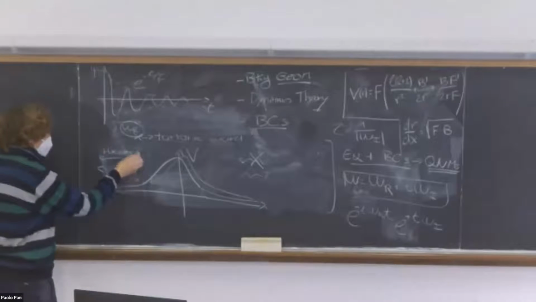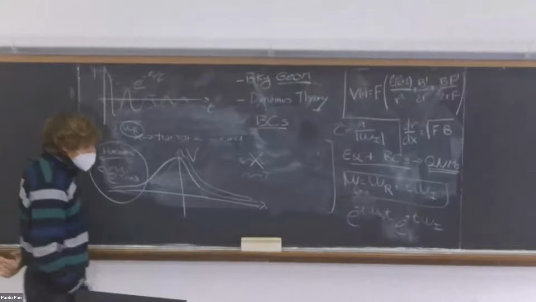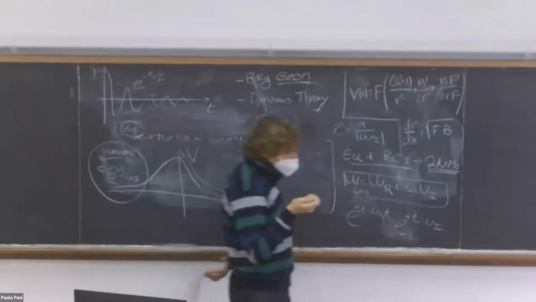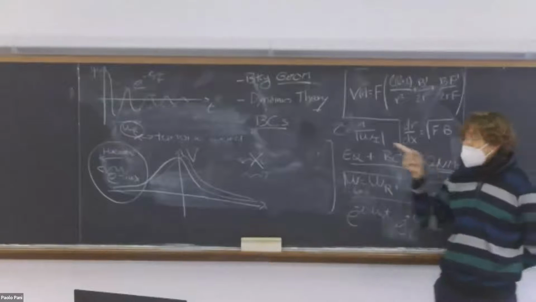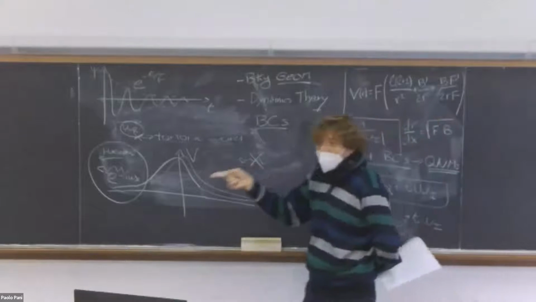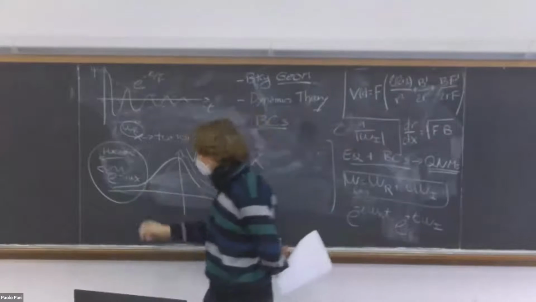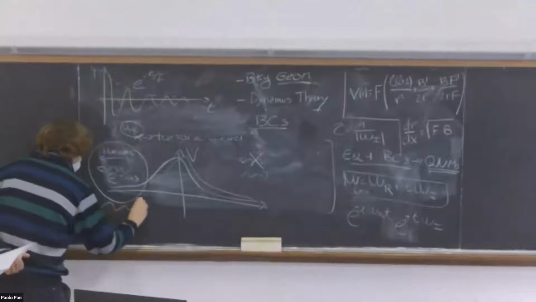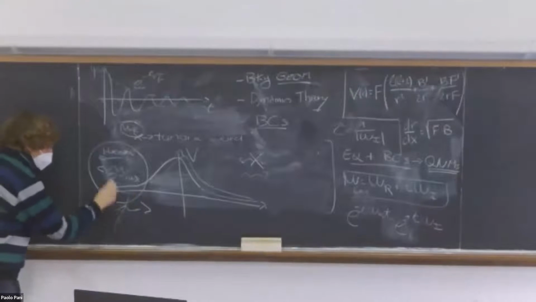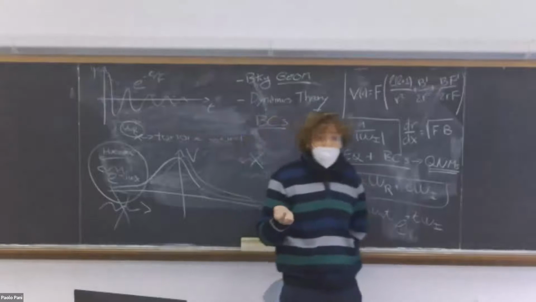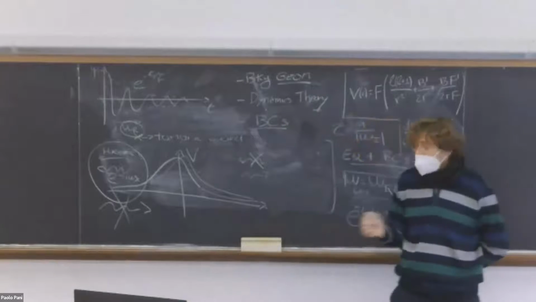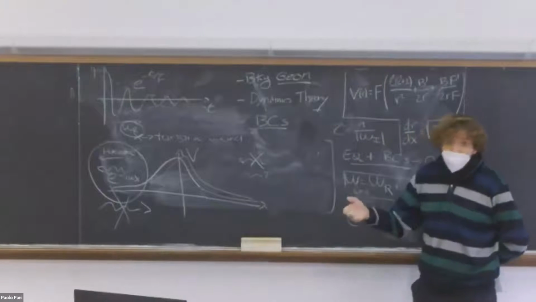But a crucial ingredient is this one here. For a classical horizon, we expect all the radiation to be absorbed. By definition, there can be no radiation emitted in this direction, because if there is, this will not be a classical black hole, since a black hole is a perfect absorber.